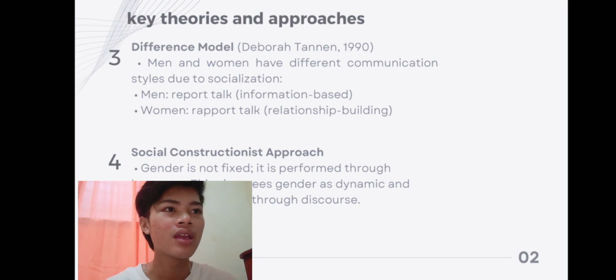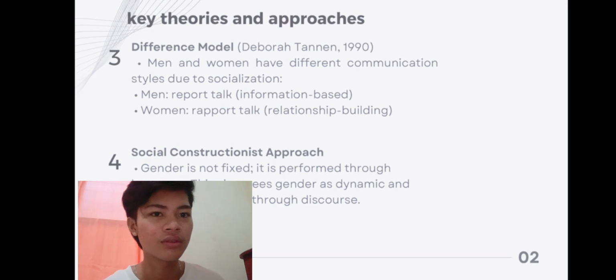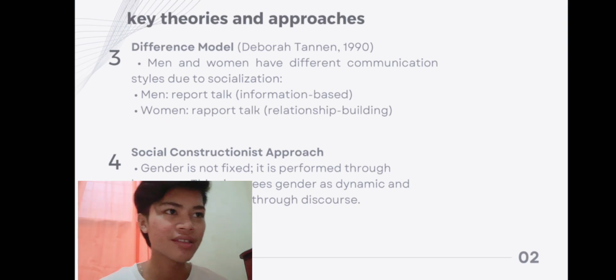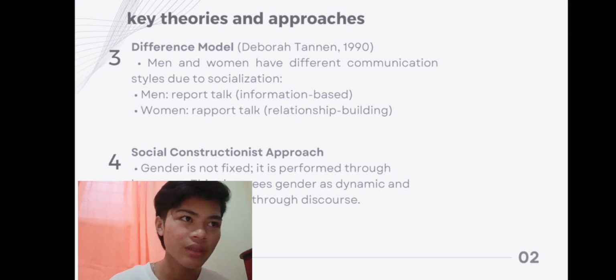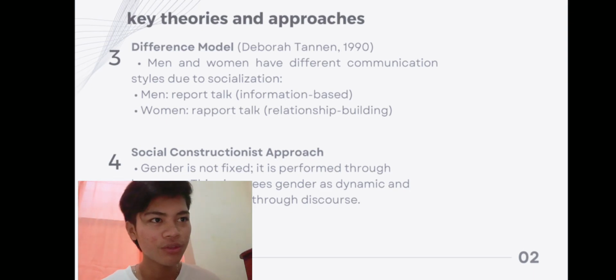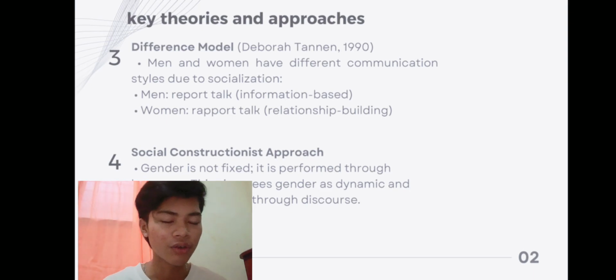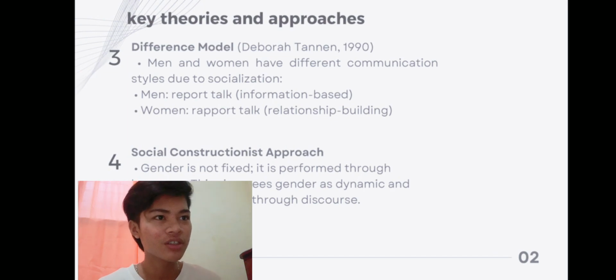And number four, social constructionist approach. This modern idea says that gender is not fixed. It's something we perform through language. How we speak shows our gender identity, and we can change it based on context.